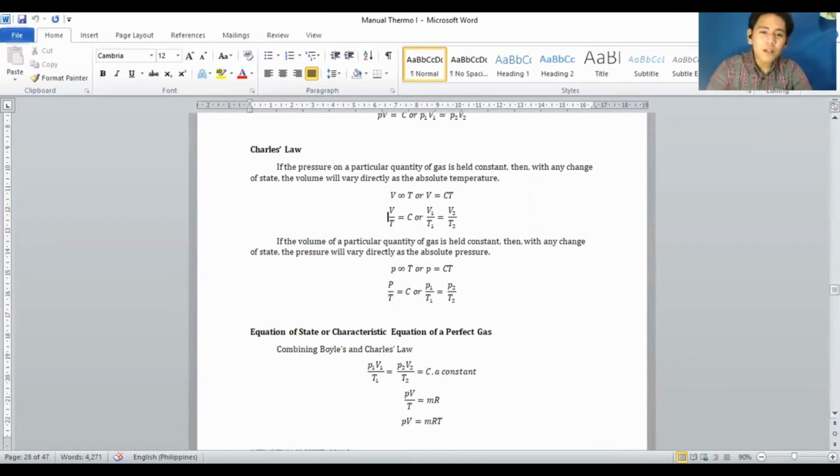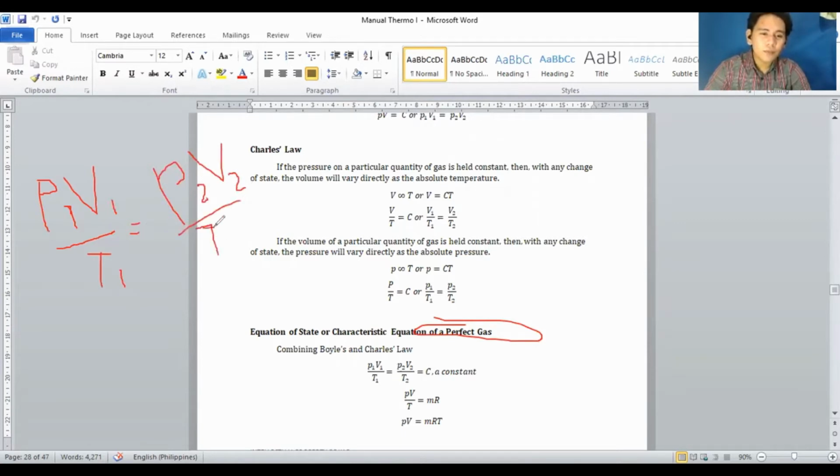For better simplification, we have here your perfect gas equation: P1 V1 over T1 equals P2 V2 over T2.